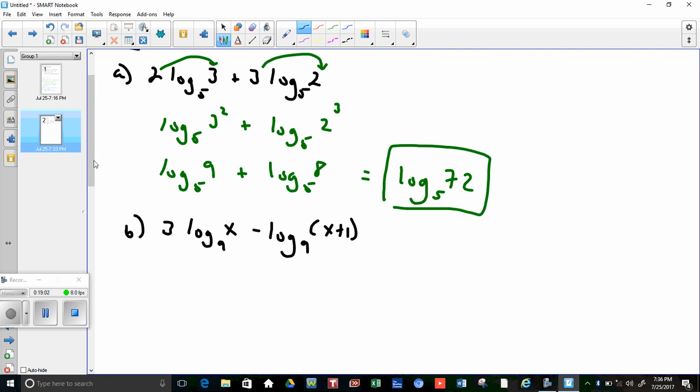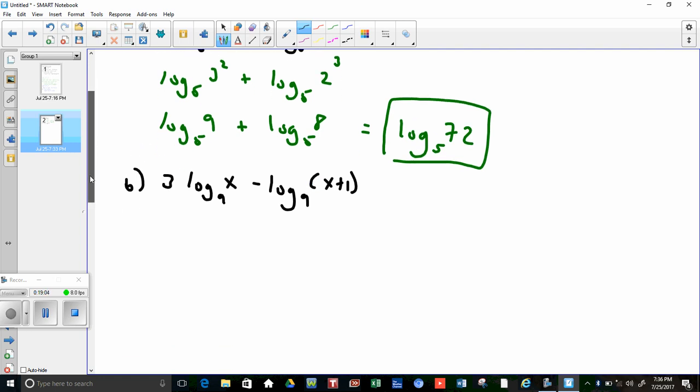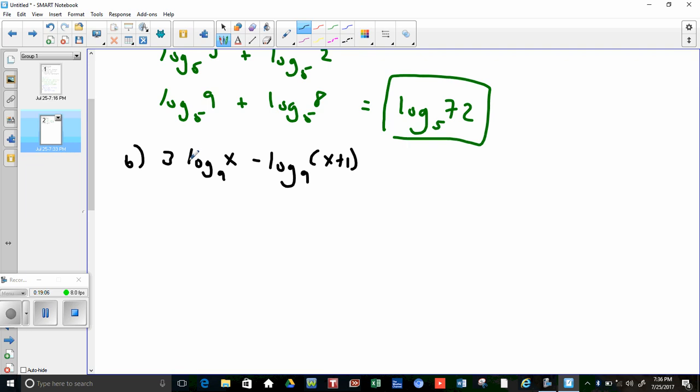So the first thing you look for is any coefficients, because we have to make those exponents. I've got a 3 out in front of this one. It has to come up here as the exponent. So we're going to have the log of x cubed base 9. This one doesn't have any coefficients, so we're just going to write minus log of x plus 1 base 9.